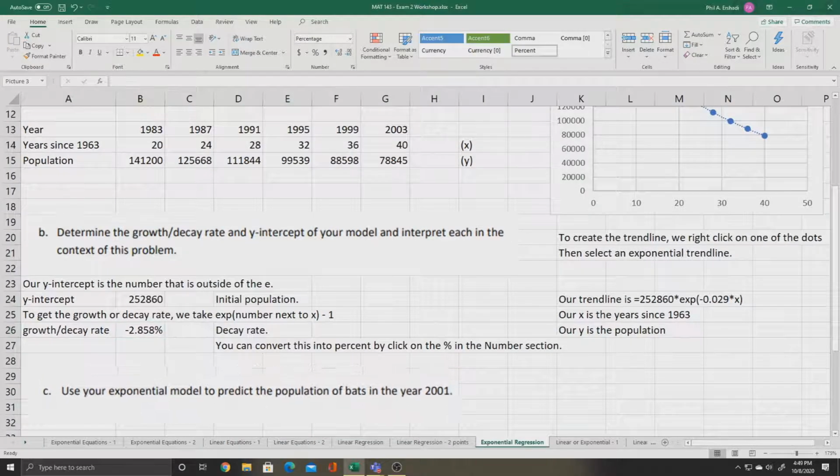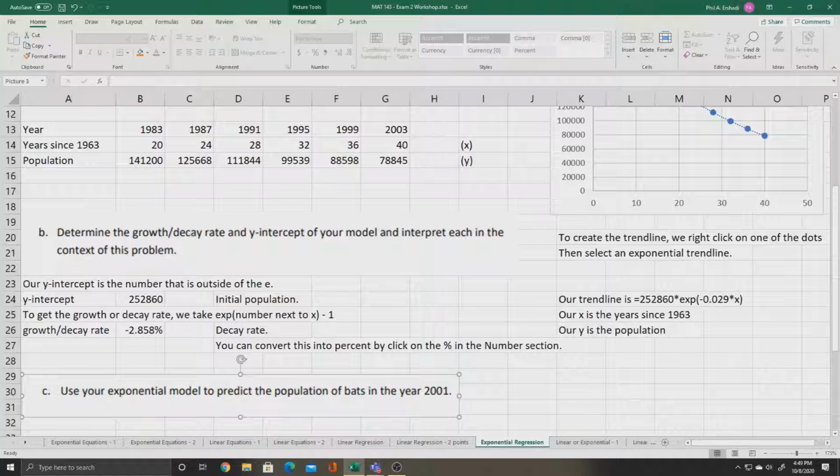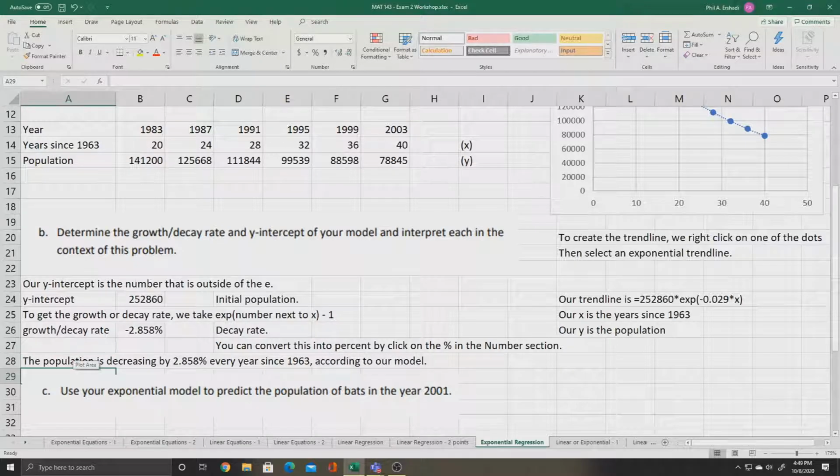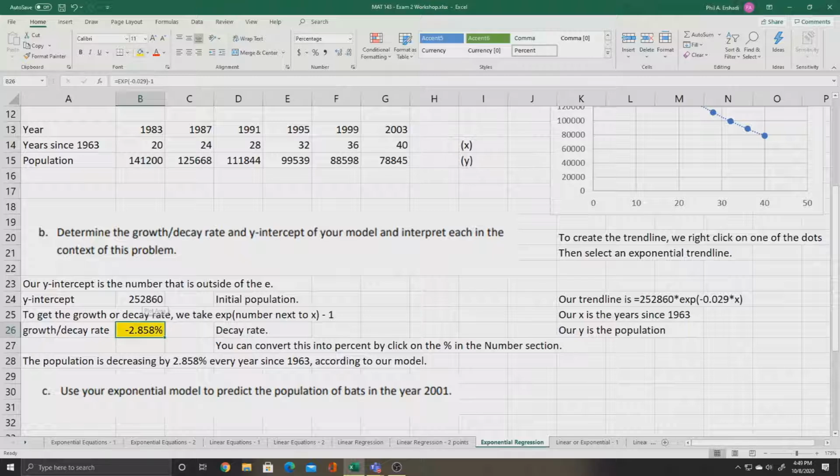What this means is that the population is decreasing by 2.858% every year. And I should specify every year since 1963, according to our model. All right, so that's the meaning of the growth and decay rate and the y-intercept. If it's negative, it's a decay rate. If it's positive, it's a growth rate.